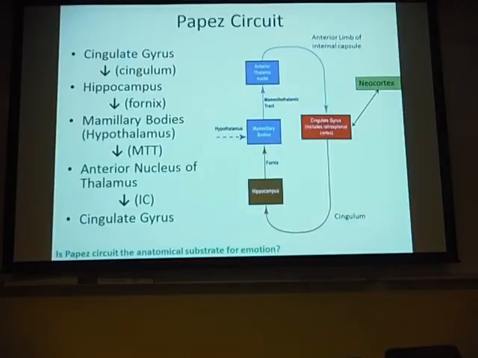However, a lot of what he based this model on were disease models. He said, okay, well, people who got infected with the rabies virus had sort of unchecked or uncontrolled fear and aggressive type behaviors. Their emotional system was out of whack.